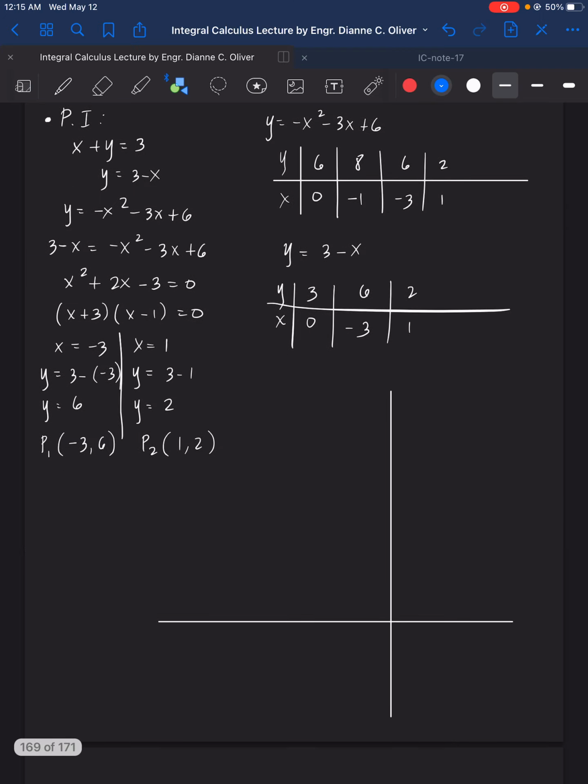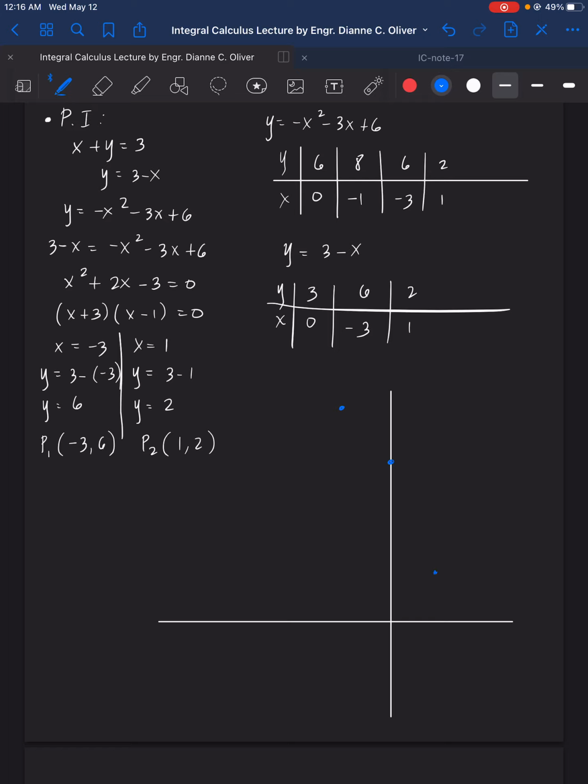So we have there the points. If x is equal to 0, then let's sketch the highest point, y is 8, and then it is on negative 1. Then we have here 6, let's say this is 6. And then at x is equal to 1, we have y is equal to 2.